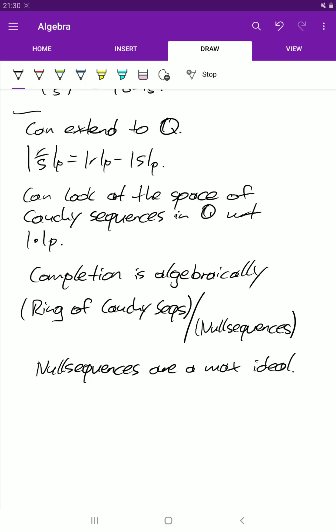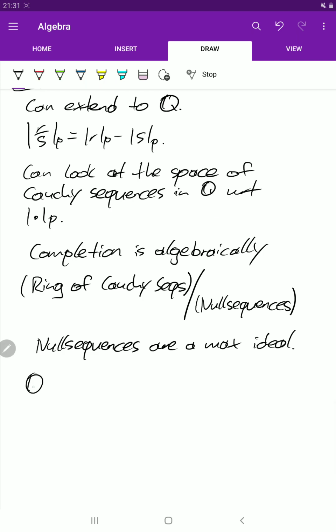But if we add another element to the null sequences, then this is also going to be bounded away from 0, eventually bounded away from 0. So we can use this to get an invertible element by adding a null sequence. And then we are done.